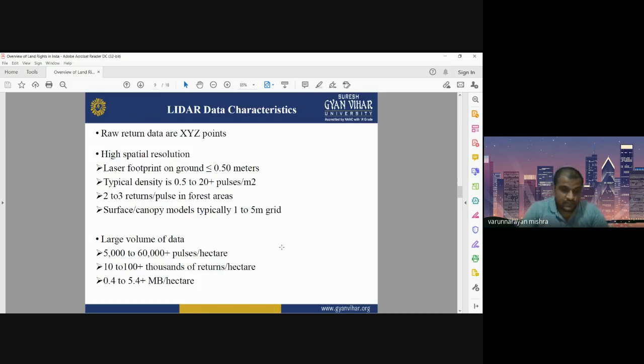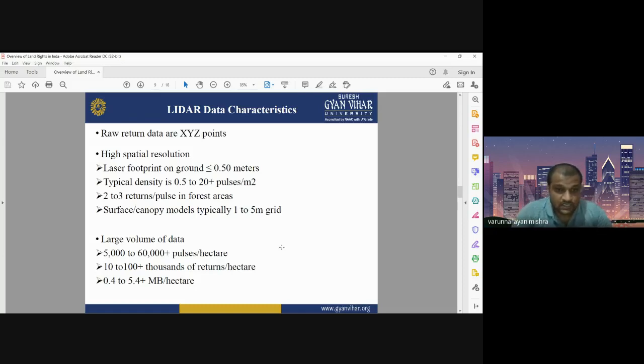So if the number of pulses increases, it will increase the volume of the data. If we have more pulses per hectare, then we will have more density of pulses per square meter area on the ground. If we have more density per square meter area on the ground, then it will have a large volume of the data set.